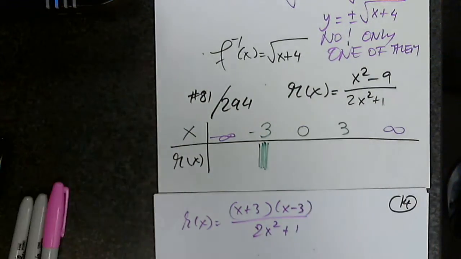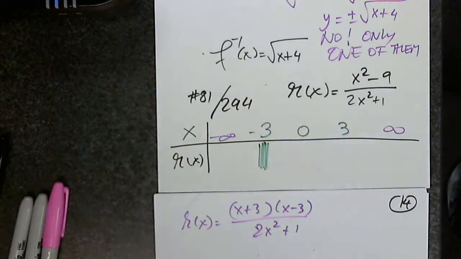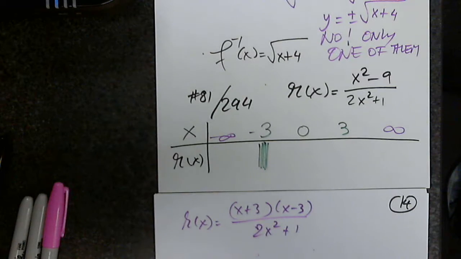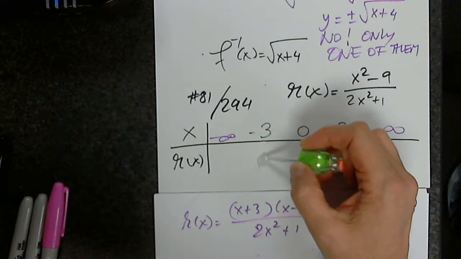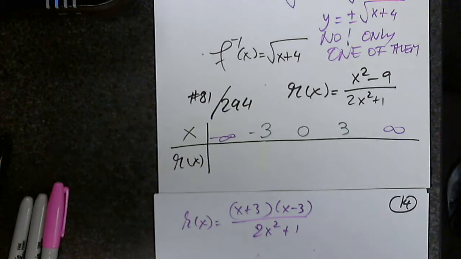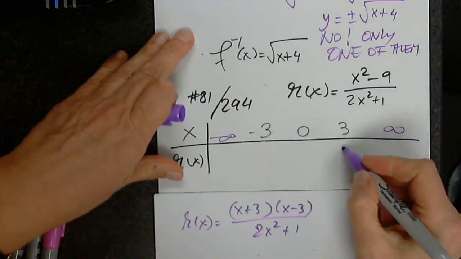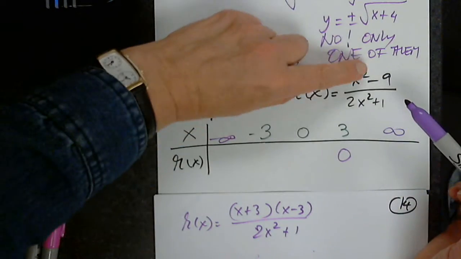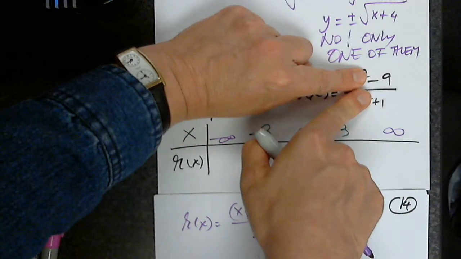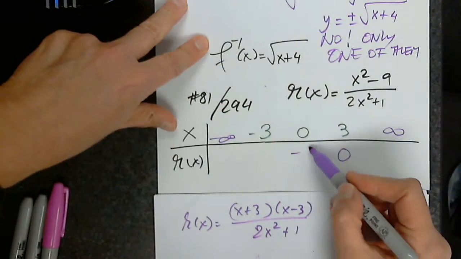I'm sorry, I meant to write 0. I just said that this function is defined everywhere. Oof. 0 and 0, these are the zeros of the function. Okay, and when I put in 0 in the function, this term goes away, this term goes away. So what is left? Negative 9.